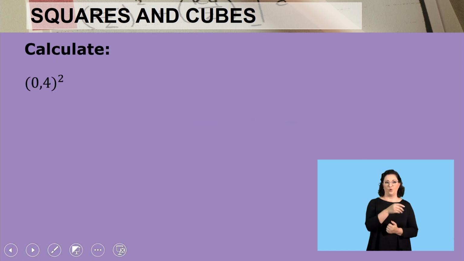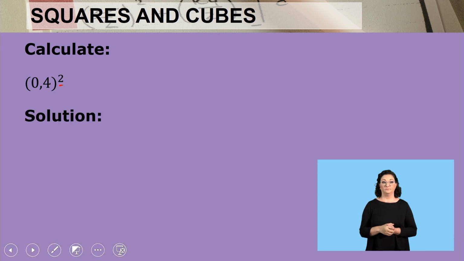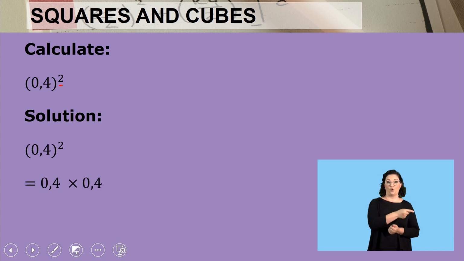We have 0.4 squared. This squared means multiply a number by itself. So in all reality, let's look at the solution. 0.4 squared is 0.4 times 0.4.